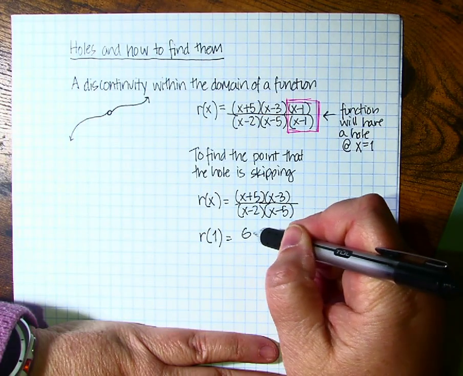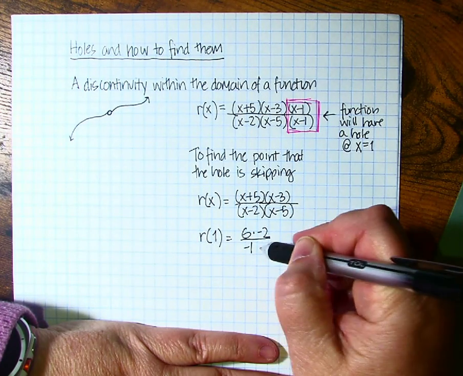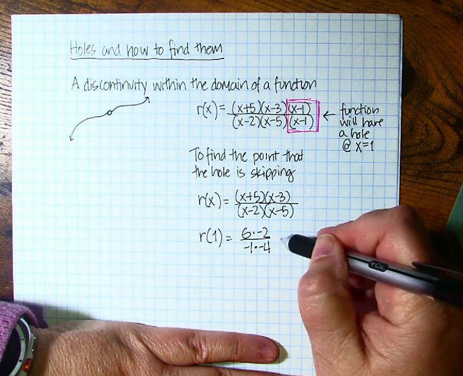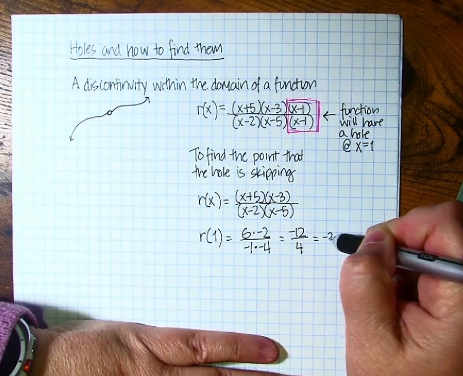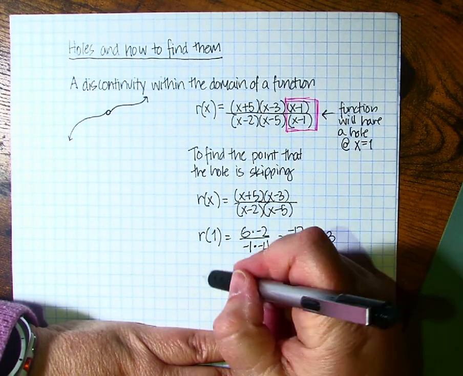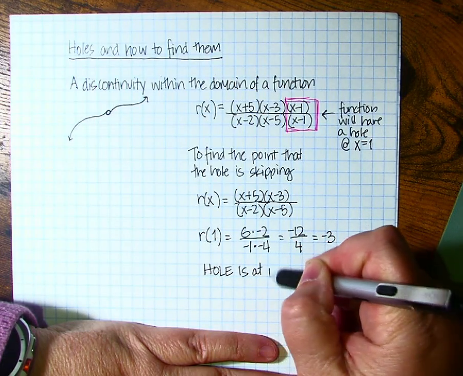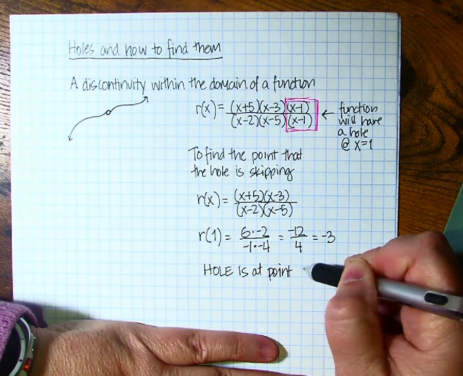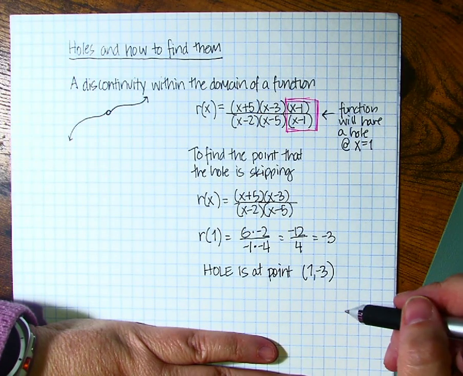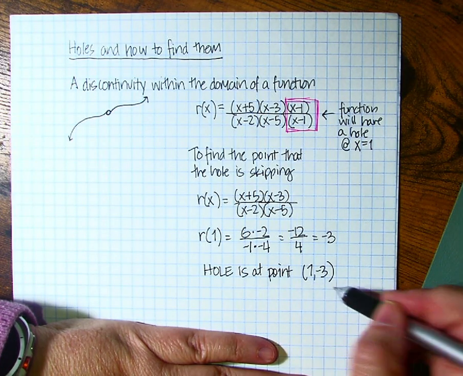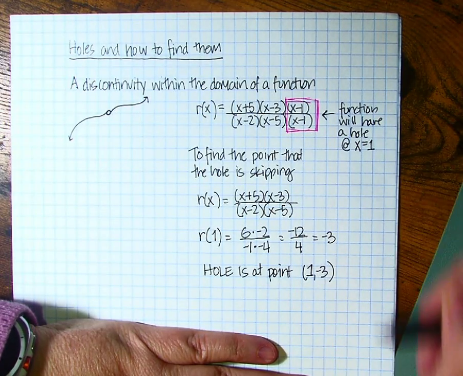So this would be 6 times a negative 2 over a negative 1 times a negative 4, or a negative 12 over 4, which is a negative 3. So our hole is at the point 1, negative 3, whatever that might be within our graph. So that tells me exactly where that hole is going to be. It's going to be at 1, negative 3.